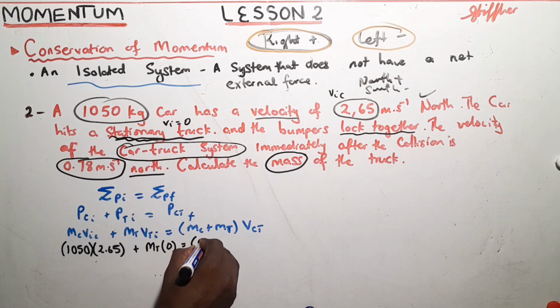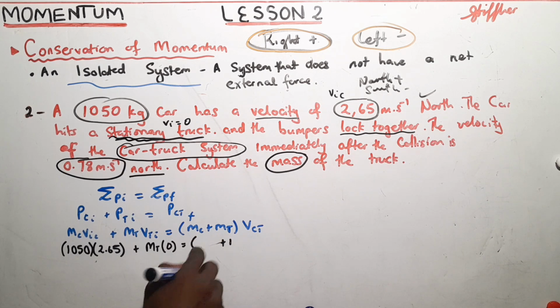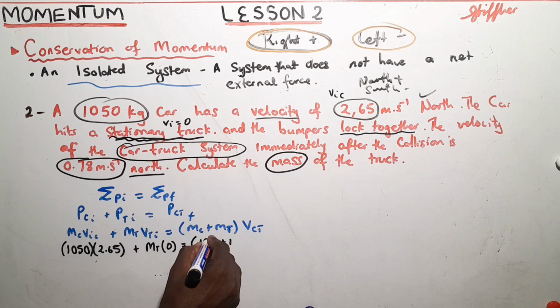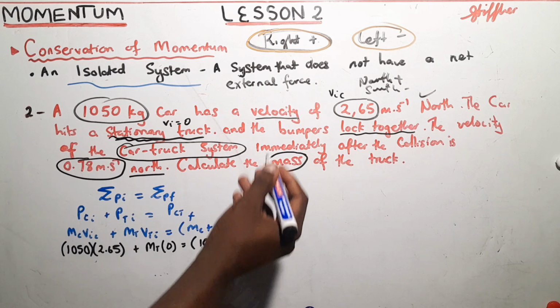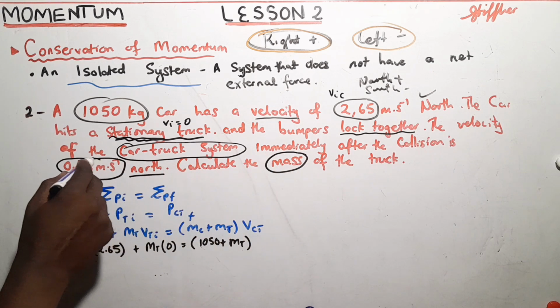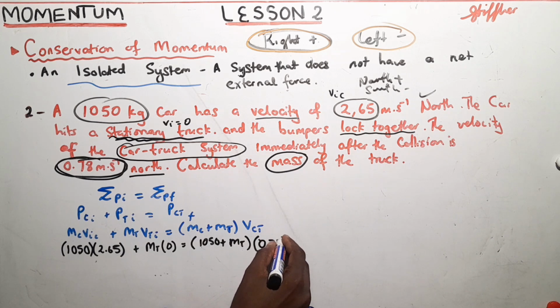The mass of the car we know, which is 1050, and the mass of the truck is unknown, but the final velocity after they're moving as a system is 0.78. So multiply by 0.78.